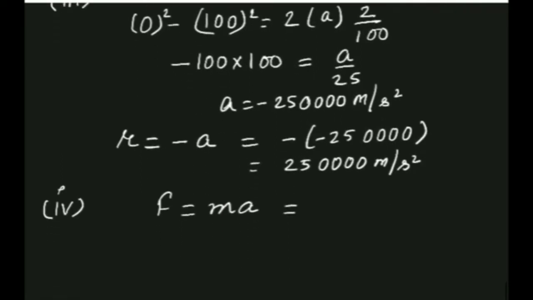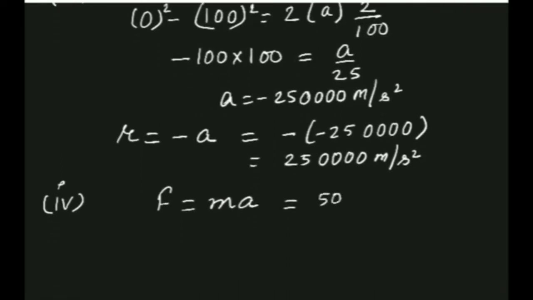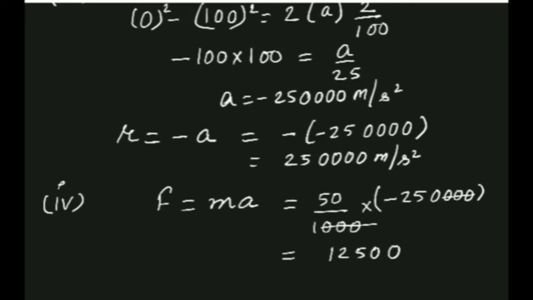We have written 50 gram, so 50 upon 1000 into minus 250000, and these three zeros will be cancelled, and we will get minus 12500, and the answer is in Newton. And why is the answer negative? Because the force is a retarding force. Okay, come to question number 10.